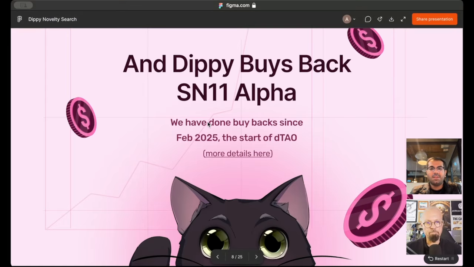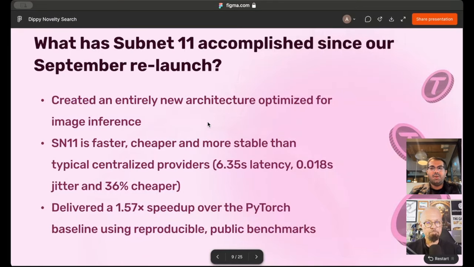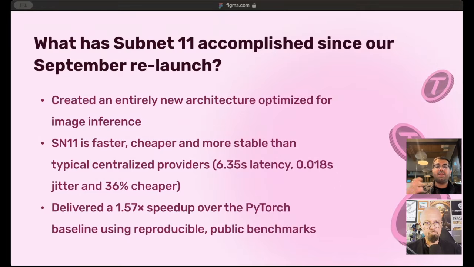Got it. Okay. And so, as many of you are aware, we actually ended up shifting to this media inference model around September. And so what we've done over the past few months is re-architected the whole subnet. We have managed to bring down the cost for media inference by 36% compared to traditional centralized providers.